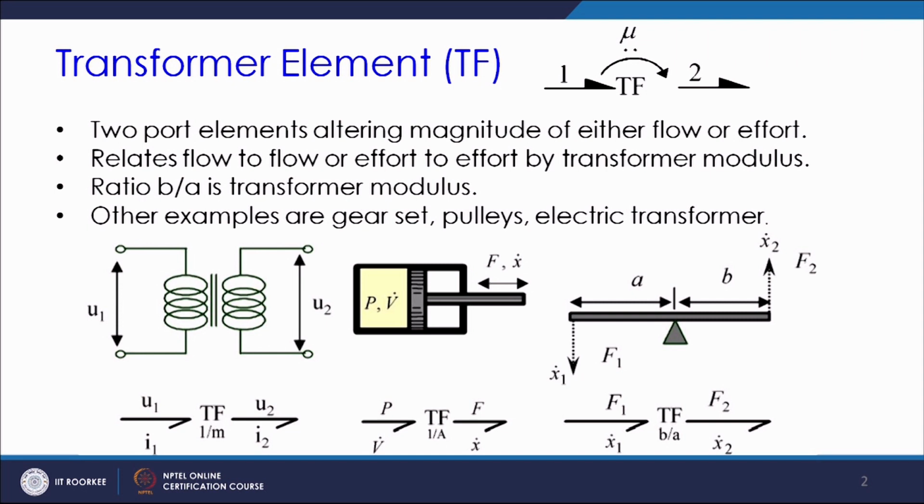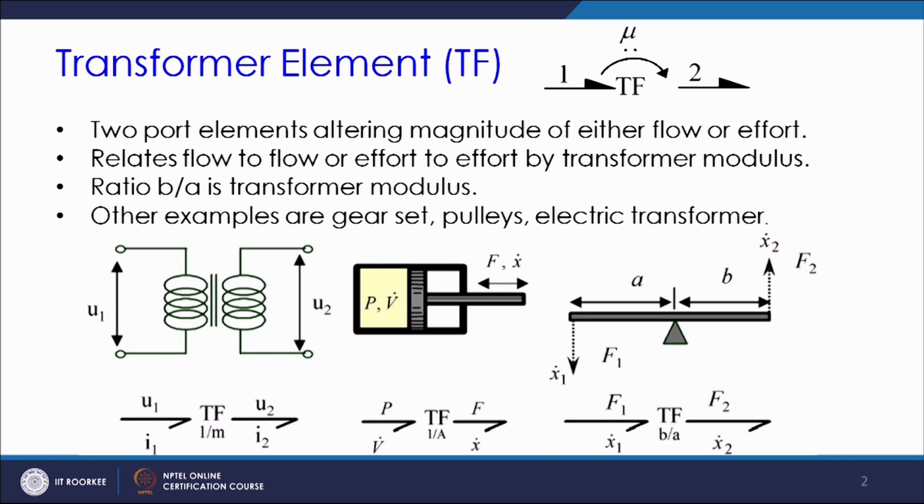Then this scenario can be modeled using a transformer element, and here at the left hand side we have the pressure P and the volume flow rate V dot, and the right hand side we have the force F and velocity x dot, and of course, these are related through the transformer modulus 1 by A. So, you see as I said the velocity relationship, it is going from the input side to the output side, x dot will be V dot divided by A, that is what it is going to be, or if you look at the other side, the effort relationship will be reverse, that is P will be F divided by A.